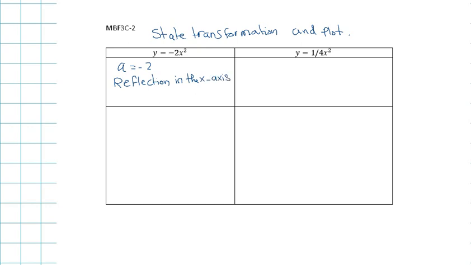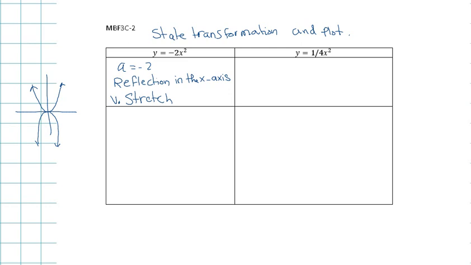Because remember yesterday we saw that the original graph was like this, but the reflected graph is going down, right? So it's a reflection in the x-axis. And then we know it's a vertical stretch. When I write this, I usually just do short notation, so I do V stretch, but you can write the whole word if you want.